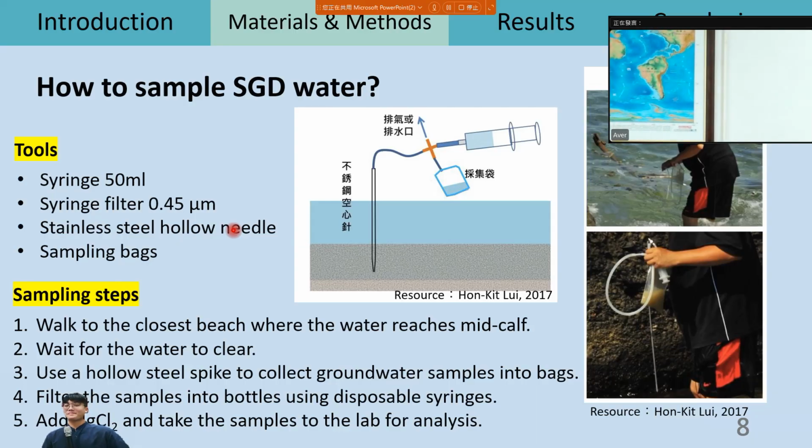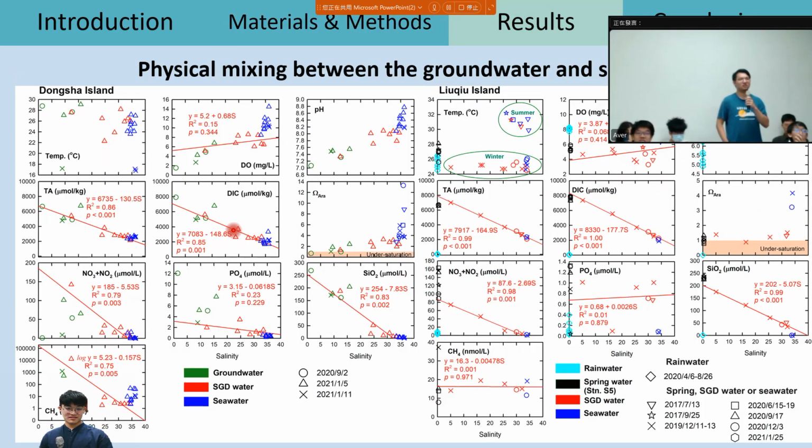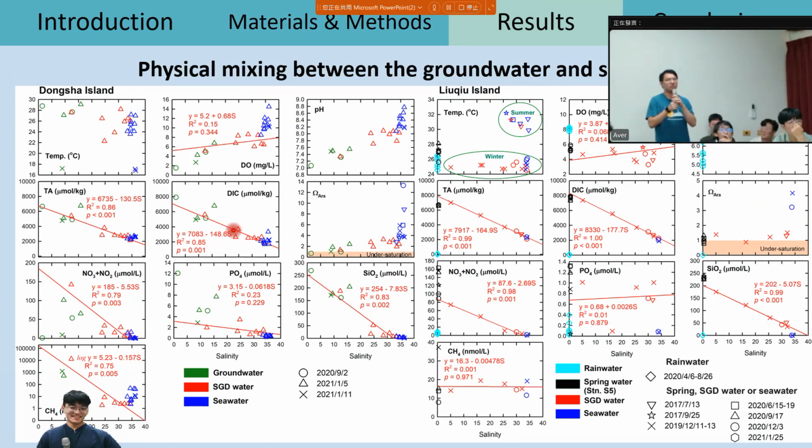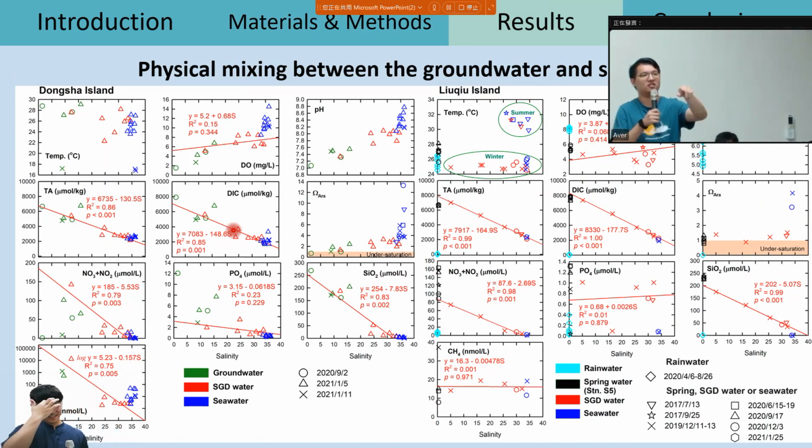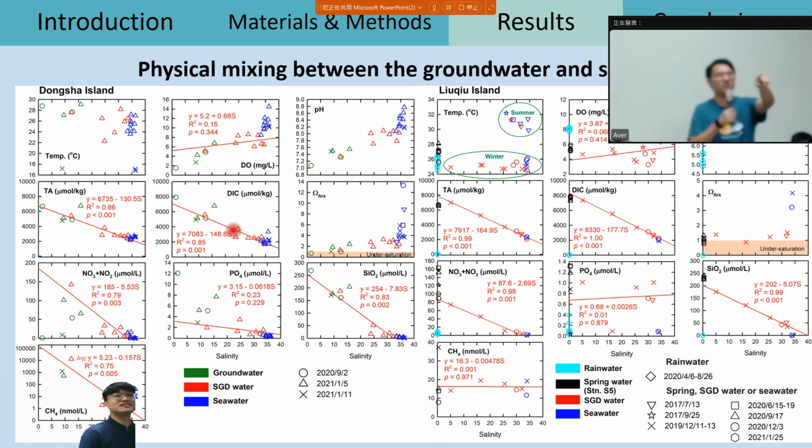Hello, can you turn to page 21? I want to know why in that figure the red line goes up. Oh, because you can see the SGD water.